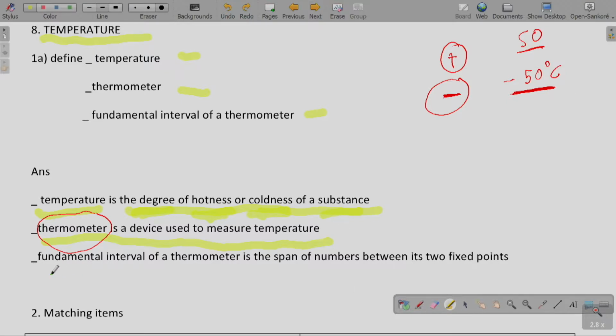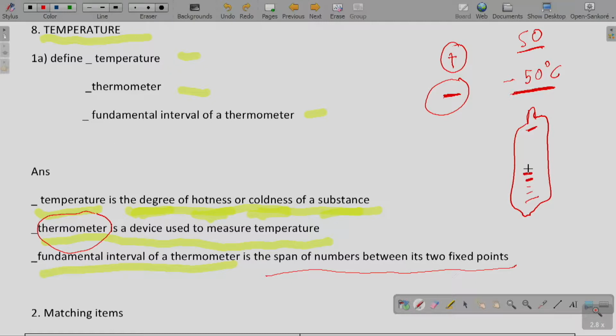The fundamental interval of a thermometer is the span of numbers between its two fixed points. Let's assume this is the thermometer. It has two fixed points with numbers in between. These numbers between the two fixed points are known as the fundamental interval of a thermometer.